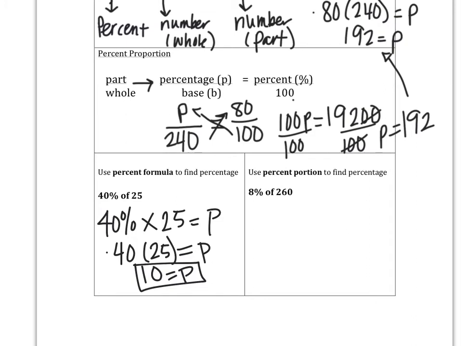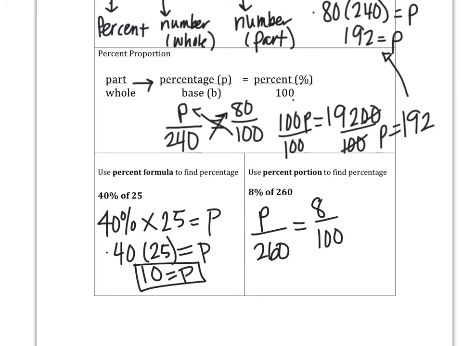And we're going to use the percent proportion to find this percentage. So it's P over the base, which is 260, and that is equal to our percent over 100.